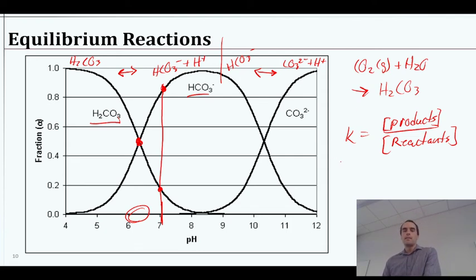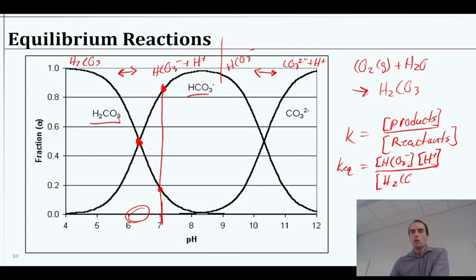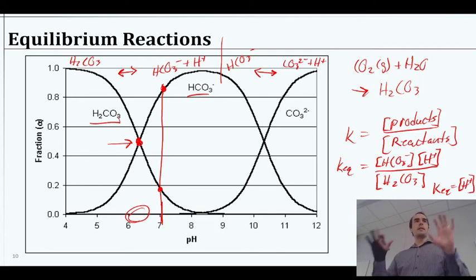So if we do that, then we say K for the equilibrium is equal to HCO3 minus times H plus over H2CO3. If we set the carbonate species equal, so right where they cross, right there, then the only thing that can change is the H plus. So then at that spot, the K equilibrium equals our H plus concentration. That's what I meant to say. Okay, so we can define them in that manner.